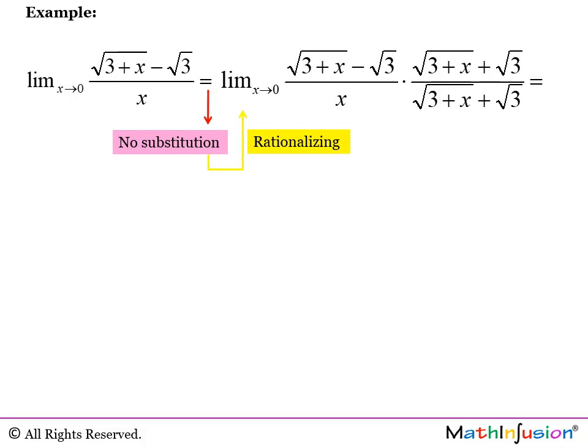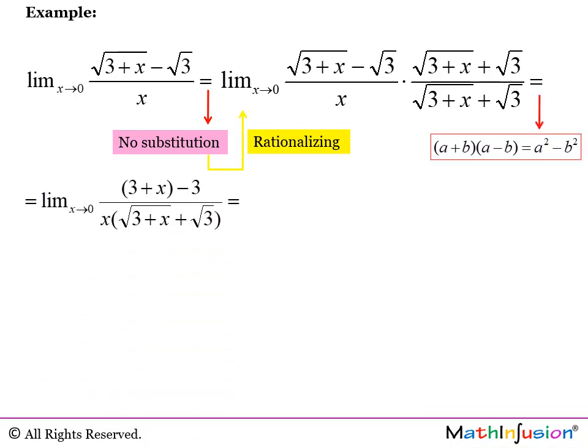We always like to leave alone the problematic part in the denominator. So we simplify the numerator using that, but we leave the denominator alone as it is, because the problematic part is x, and we really need to cancel that.